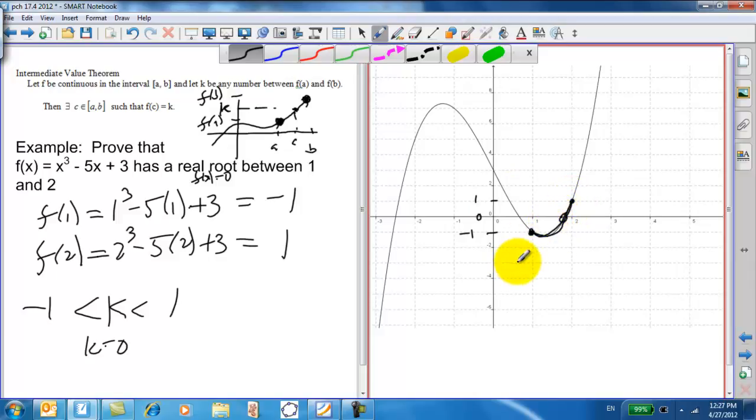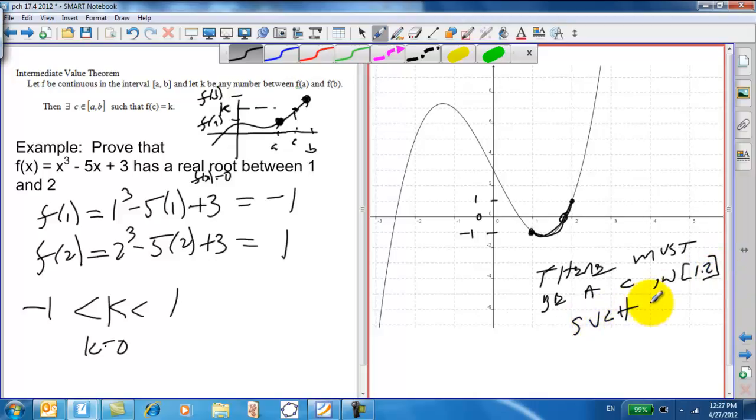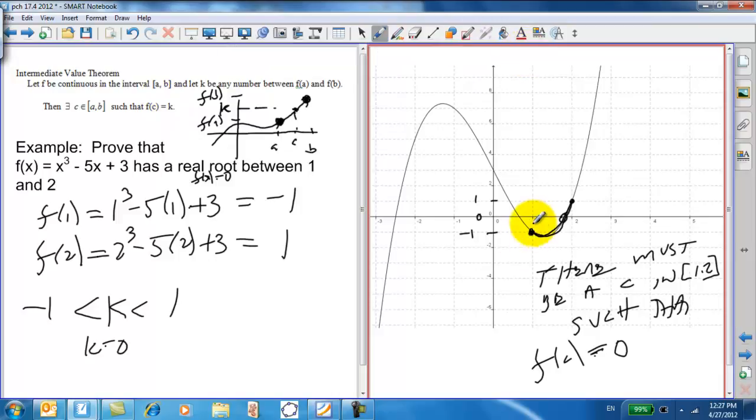So by the intermediate value theorem, there must be a c in the interval from 1 to 2, such that f of c is equal to 0. And k equals 0 in our case. We could also do the same thing to show that there's a root between 0 and 1, and there's also a root between negative 3 and negative 2, because it changes sign, so it must pass through a value of 0.